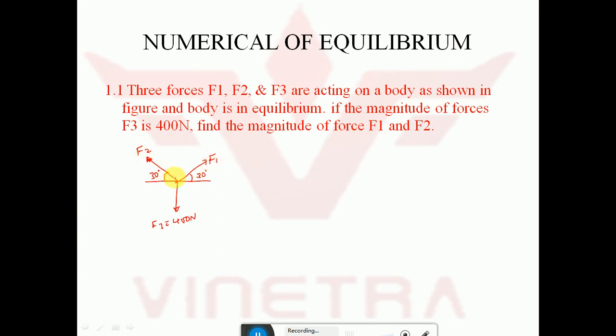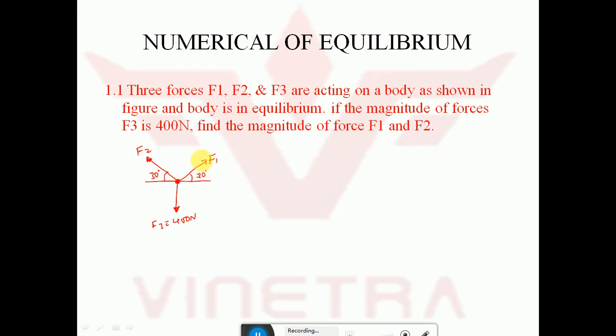So what they are giving is a condition that this body, let us take this is the body here or a particle here, is in equilibrium, and the force F3 is equal to 400, then find out what are the forces F1 and F2.